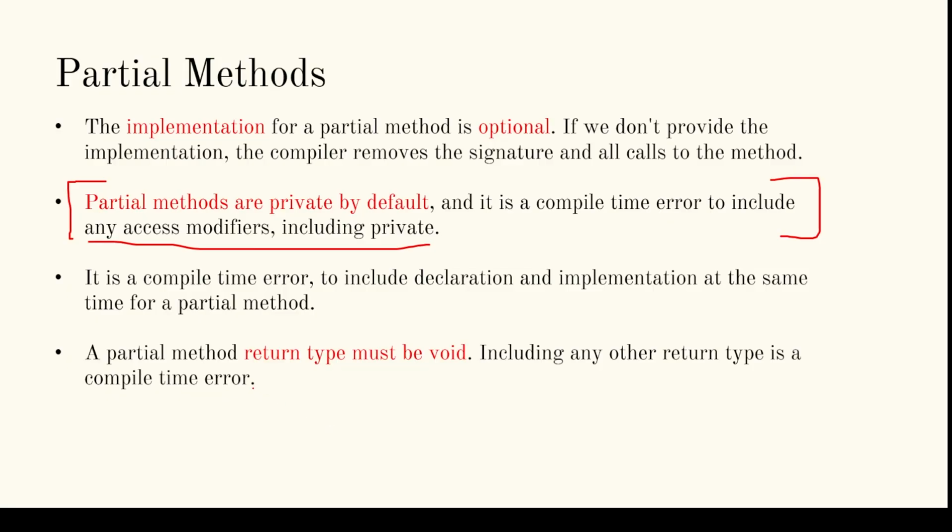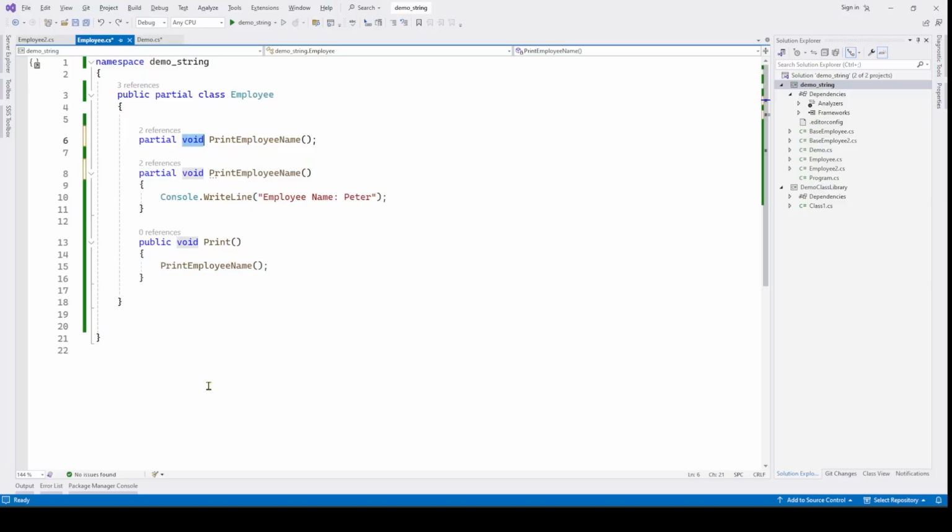Next point is a partial method return type must be void. Including any other return type is a compile time error. And this point is valid only for the default partial methods. If we put any access modifier on our partial method, at that time we can still provide a return type to our partial method. So currently I have my partial method as default because I am not specifying any access modifier.